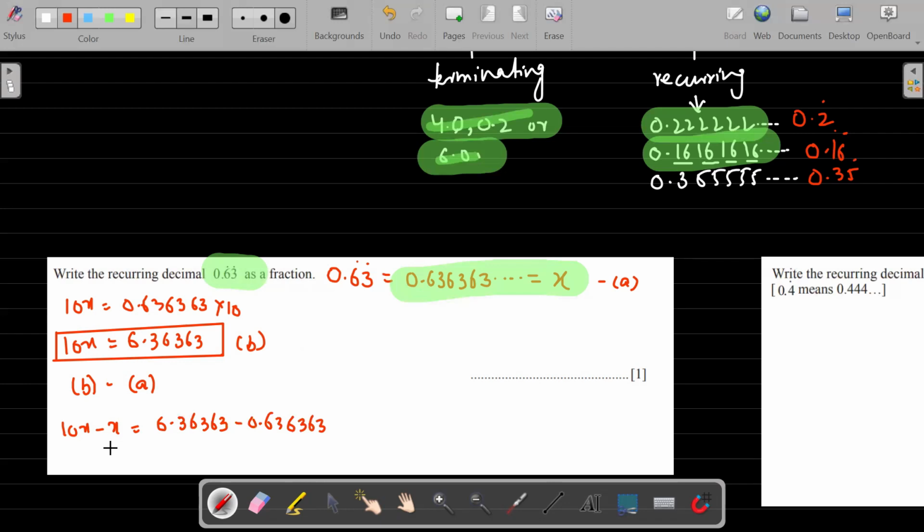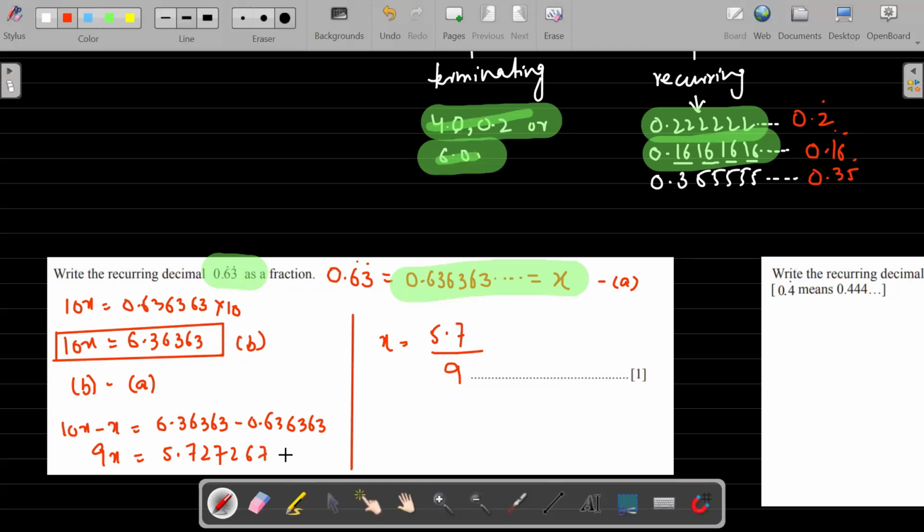I got 10x minus 1x is 9x equals 5.727267. Now I will make my x separate and it will be x equals 5.7 over 9.